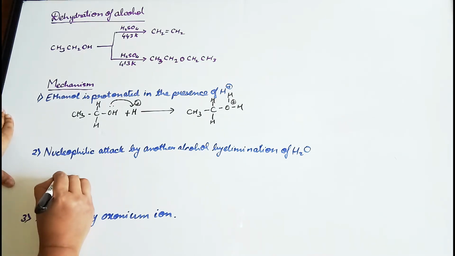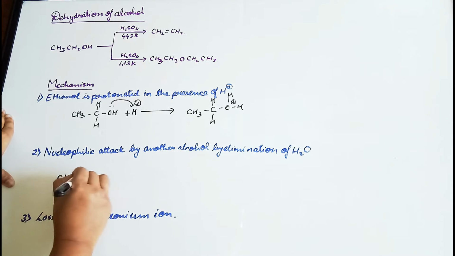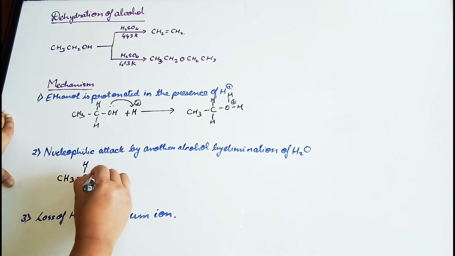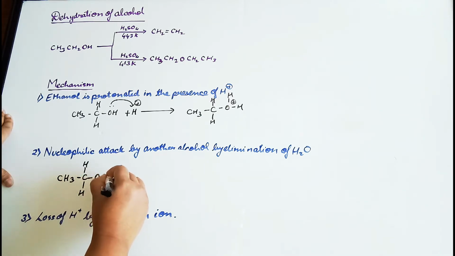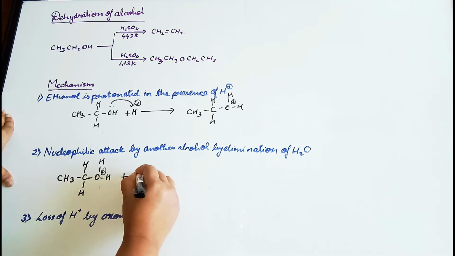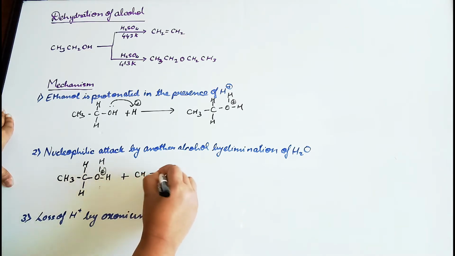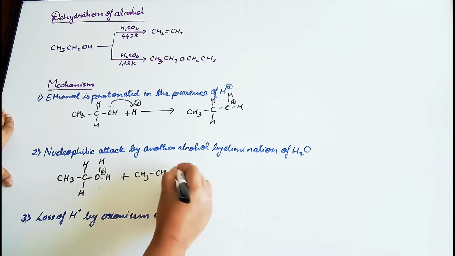So CH3, let's take the protonated alcohol. In the previous reaction, we would have just removed the OH2 to lead to the formation of a carbocation. In this reaction, however, you have CH3, another molecule of the alcohol.